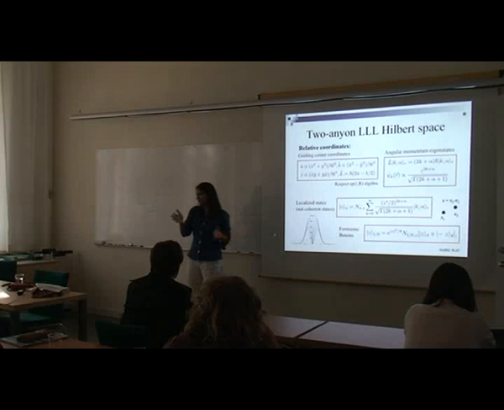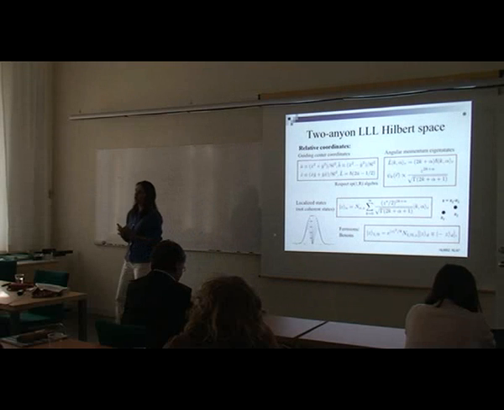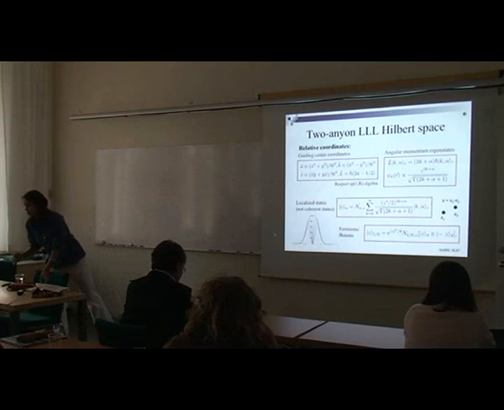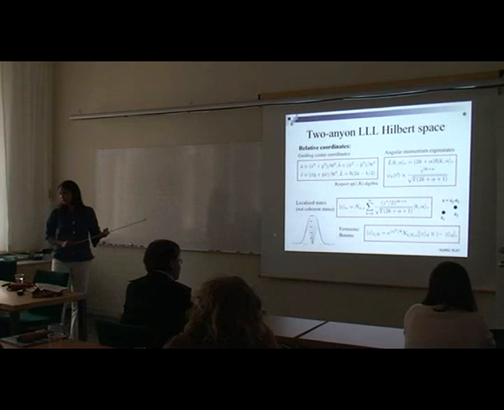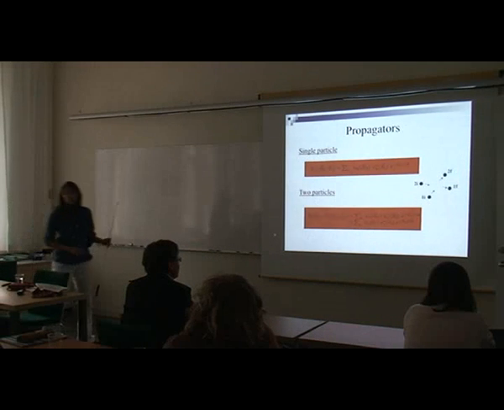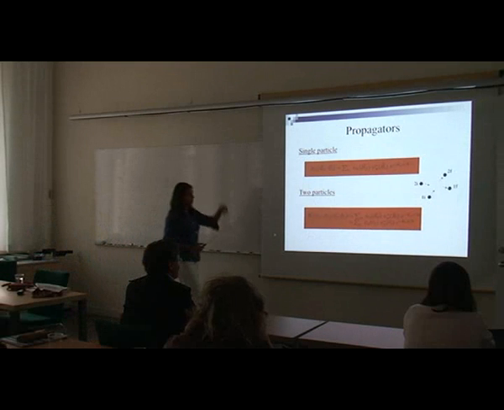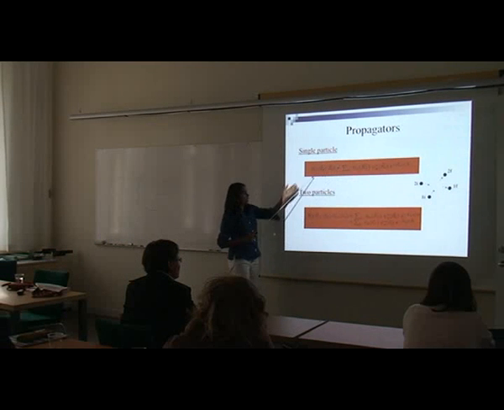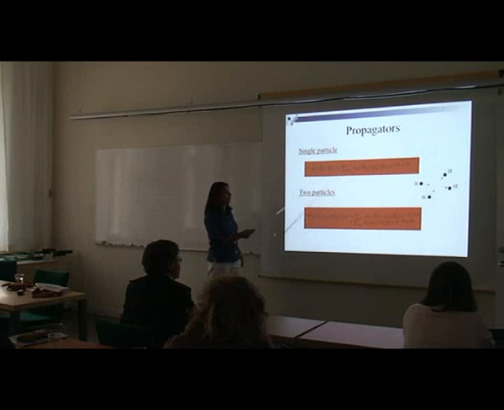That's the question really being asked at the heart of all these experiments. Once you have this Hilbert space, it's pretty straightforward to calculate. For example, the amplitude for one particle to propagate from point A to point B, I'll call K1. In terms of the wave functions that I defined, it's very easy to calculate.